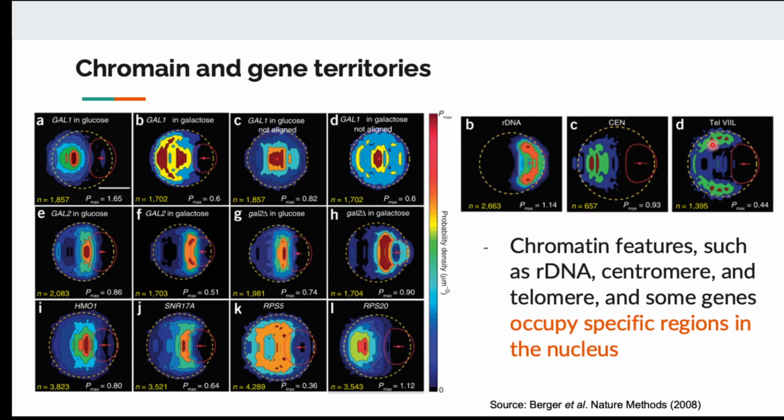And even more interesting is if you focus on the location of a gene, like GAL1, GAL2 in yeast. These genes respond to the nutrient, to the use of glucose or galactose. So when we think of gene activity in terms of molecular biology, we tend to think of a gene being activated or deactivated, like a transcription factor binding to the promoter and then activating transcription.